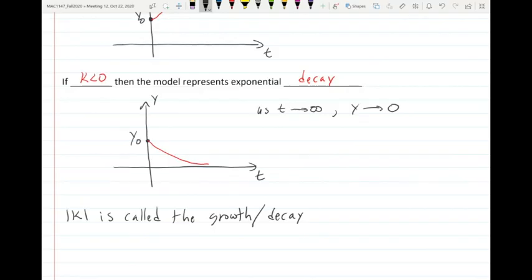If we say decay, we already know that it's negative. It's called the growth or decay constant or rate. Sometimes we say the growth rate or the decay rate. So remember, growth represents positive k, decay represents a negative k.